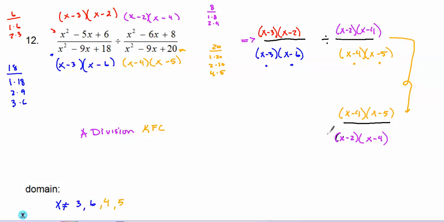So this first would change to multiplication, and the red x minus 3 stays where it is, along with its partner x minus 2. This denominator does not change.